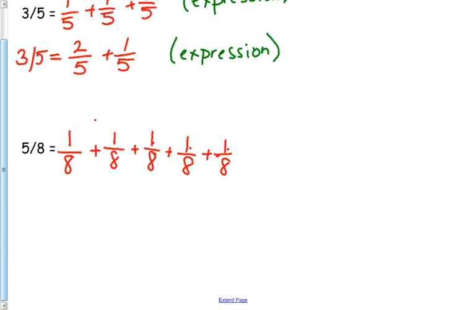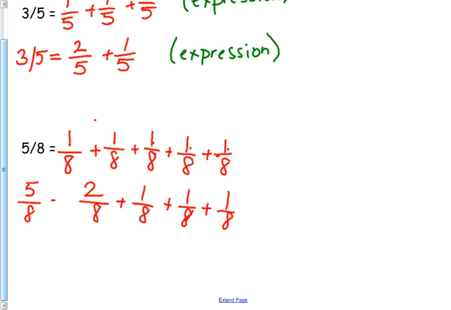So I see 1/8 plus 1/8. How much does that equal? 2/8. So 2/8 plus 1/8 plus 1/8 plus 1/8. This still represents 5/8.